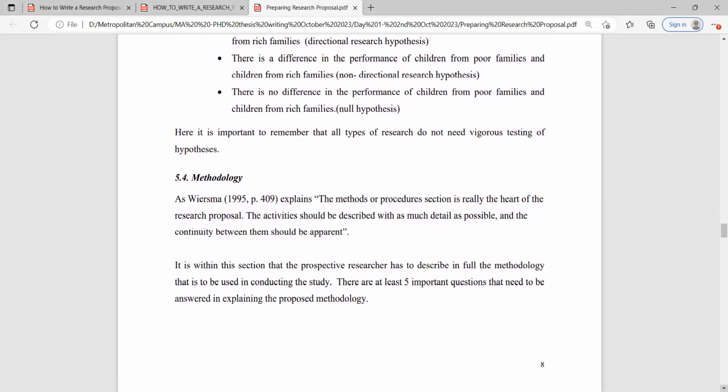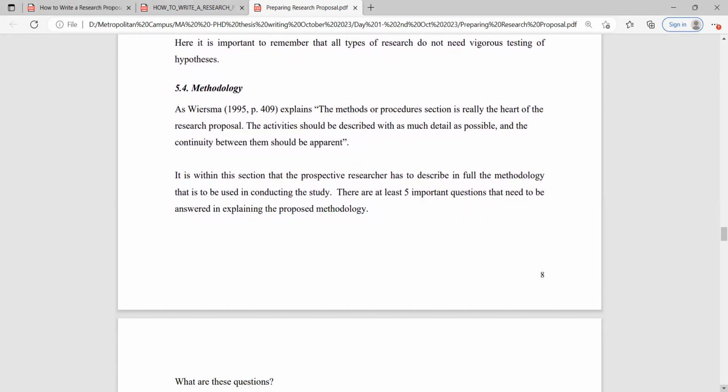Then the methodology. In the methodology part, now remember you're including your tentative methodology because you do not know whether you're actually going to use it. When you're doing your research, sometimes you can change your methodology.